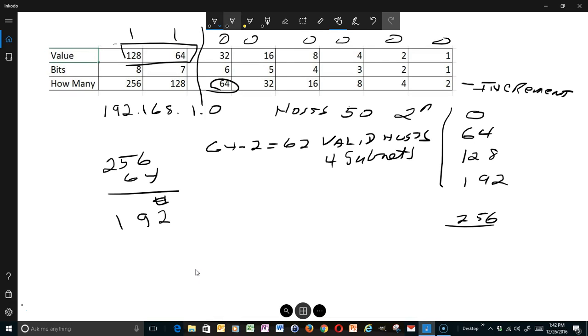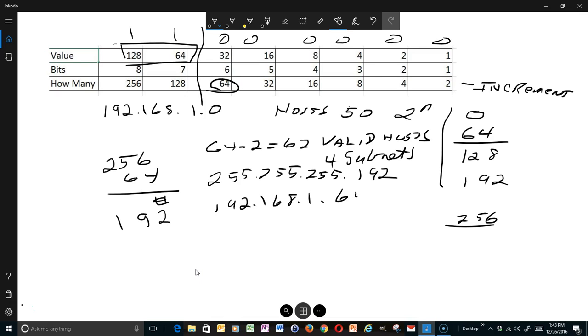So the first network is going to be 192.168.1.0 with a subnet mask of 255.255.255.192. The next network address will be 192.168.1.64.